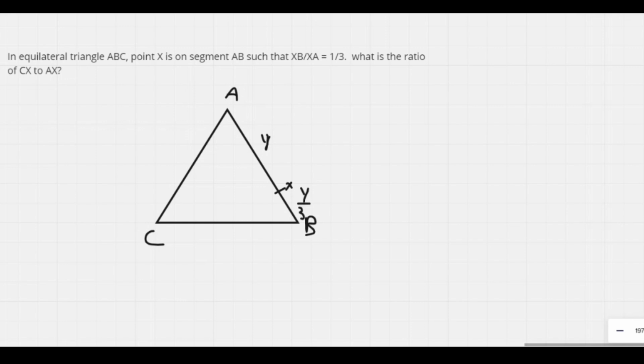The total length of AB is Y plus Y over 3 equal to variable S. So 4Y over 3 equals S. So Y will equal 3S over 4. So XA is 3S over 4 and XB is S over 4.